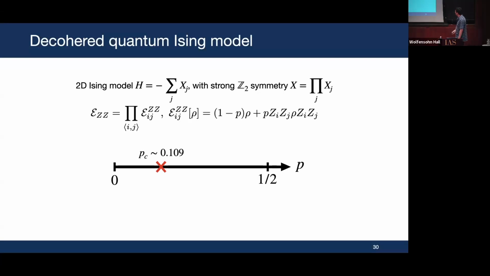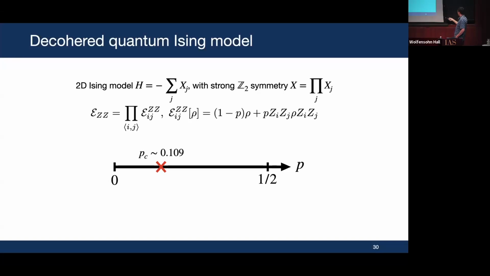We can study this state as a function of p, and we can study its phase diagram. The claim is that there's a phase transition, with two distinct phases. There's some number pc, which is 0.1, and if you think about this, p extends only to 1/2.